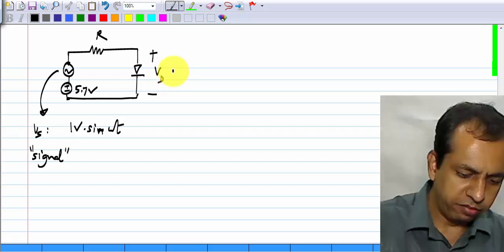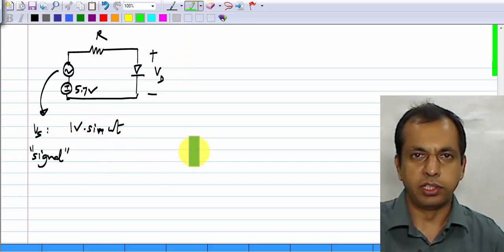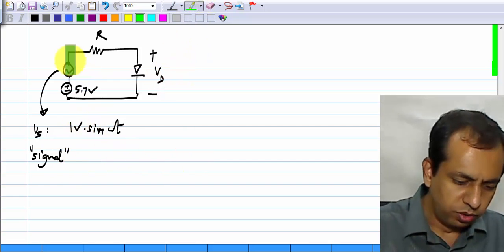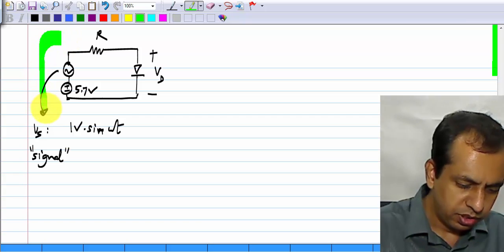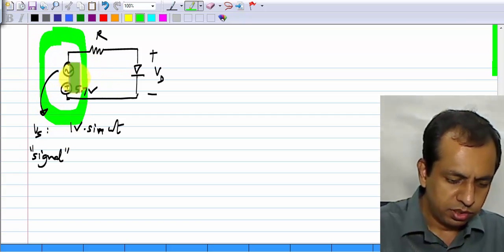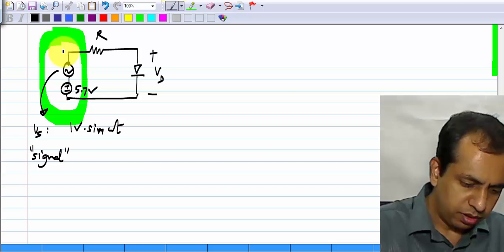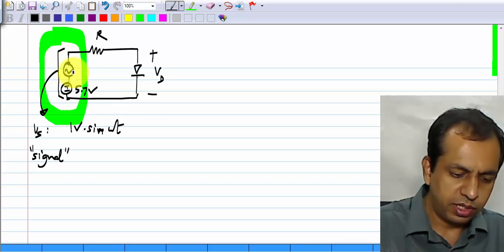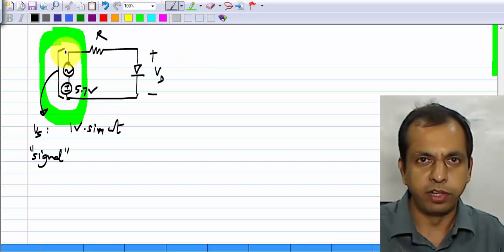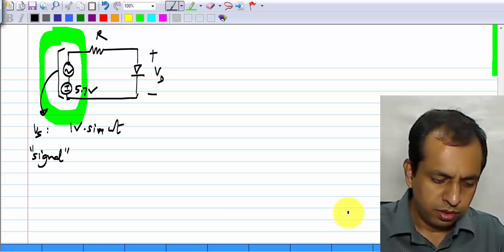Now, if you wanted to find Vd in this particular case, what will you have to do? So, the way I have set it up, the circuit is exactly the same. The voltage source that is applied to the circuit is now time varying, okay.